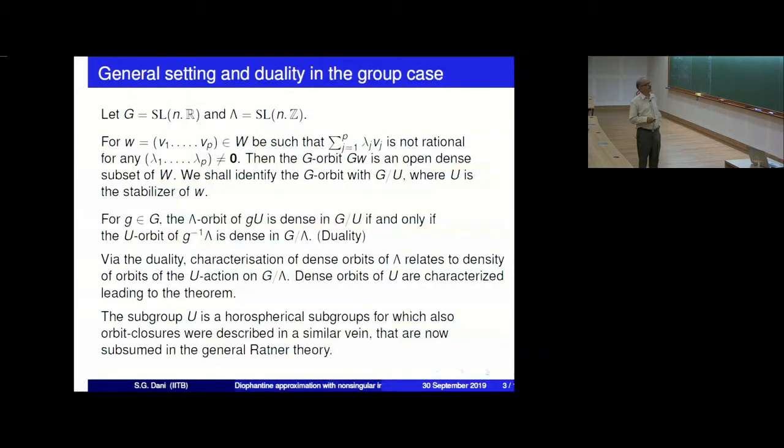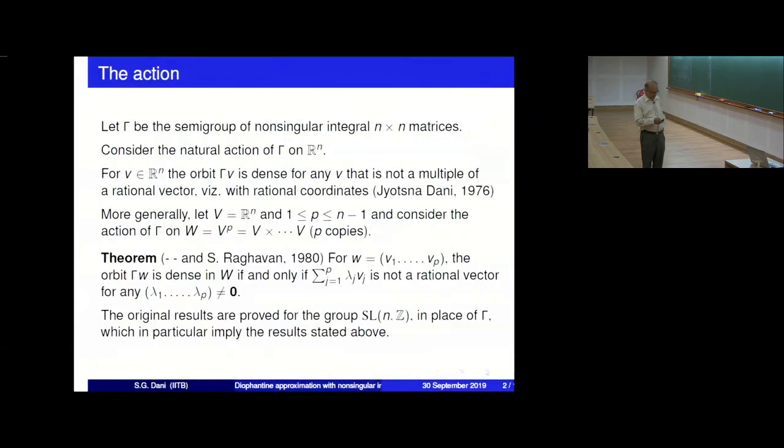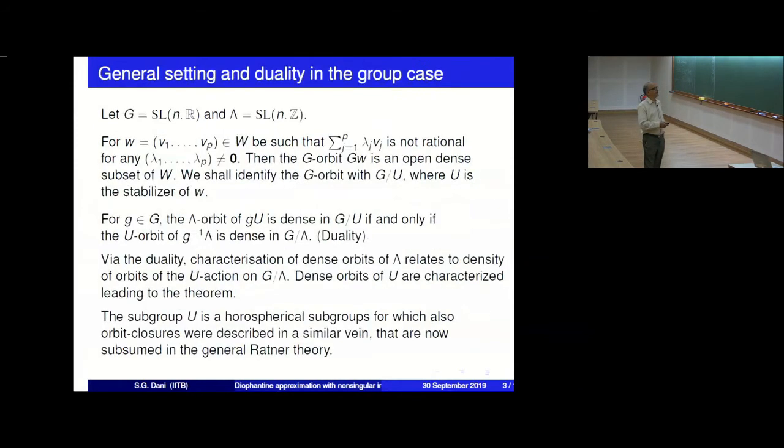In the result that I mentioned, the proof is by a combination of the duality together with some concrete work with the orbits, so the U orbits on G mod gamma are studied, and then it's applied to get the result.